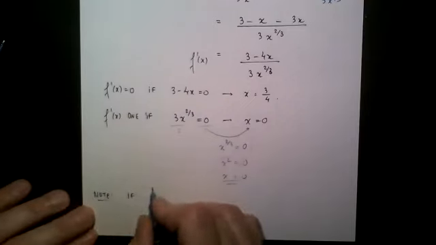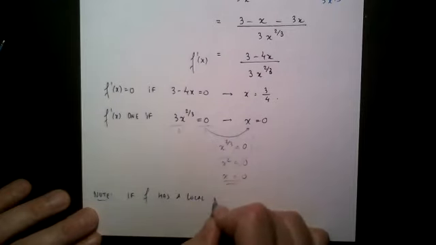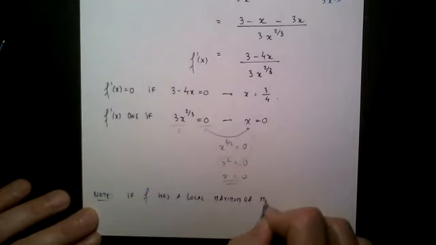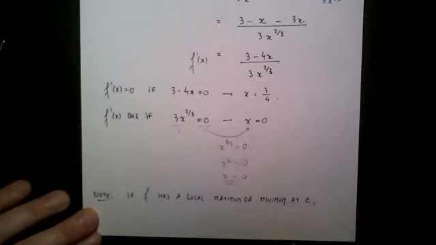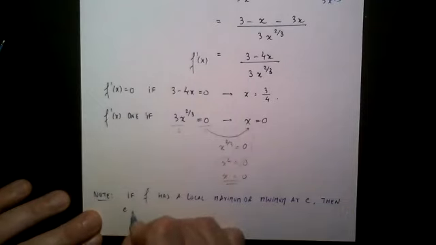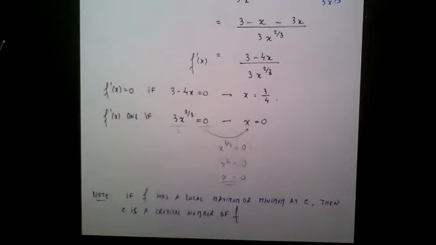If f has a local maximum or minimum at c, then c is a critical number of f. Okay, that's going to be very useful to us.